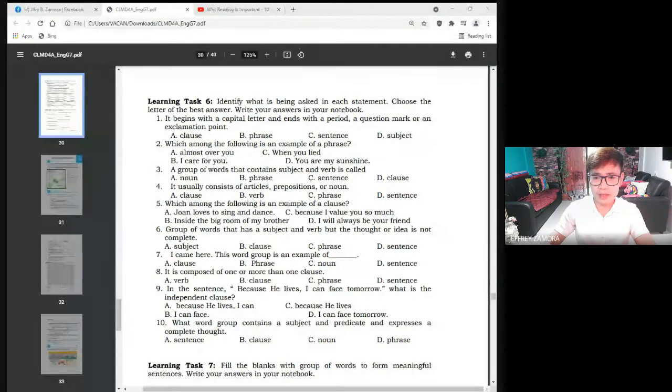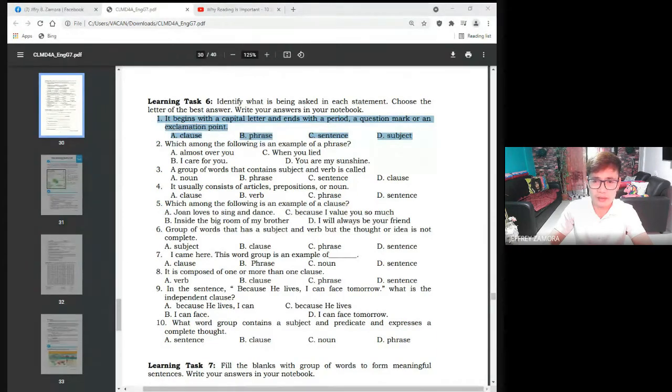On the presentation, as you can see, that is activity six. So the learning task six, the instructions here are: identify what is being asked in each statement. Choose the letter of the best answer.